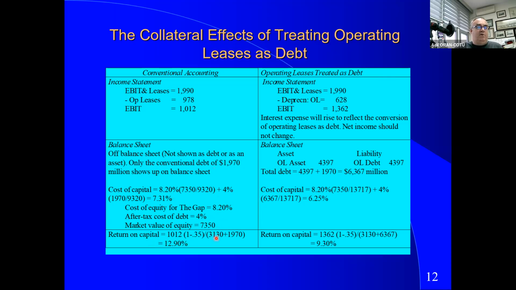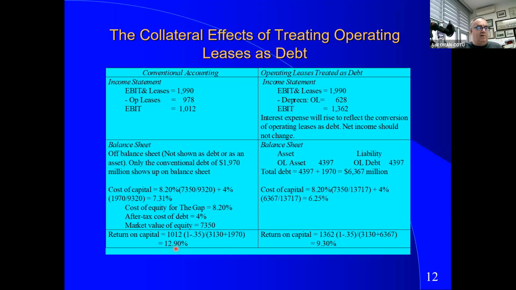So if you calculate a return on capital for this company, EBIT (1 minus T) divided by, I have to take a look at this. This should be the value of the debt plus the value of the equity of the company.